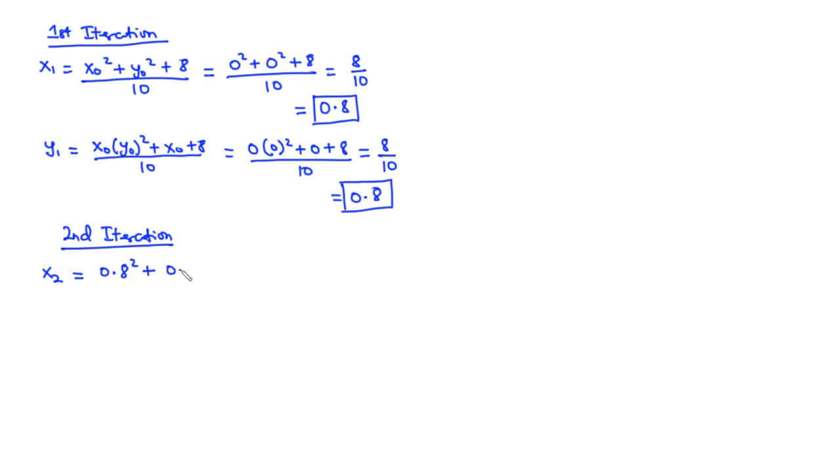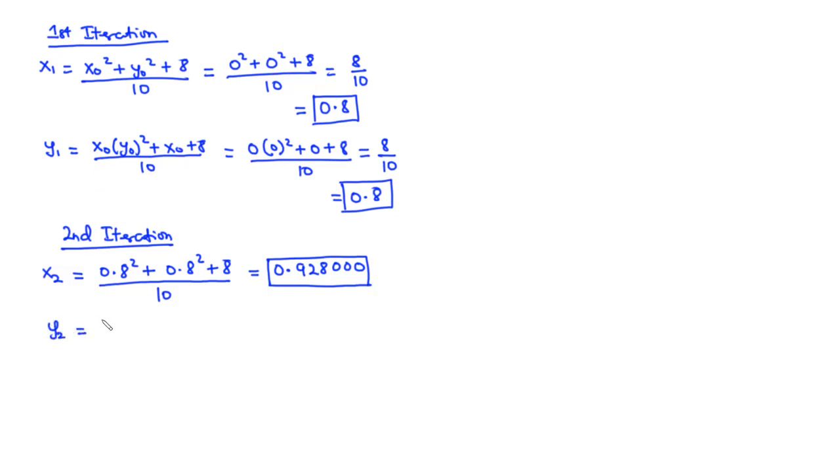So 0.8 square plus 8, all divided by 10. When you compute this, you are going to have 0.928. Remember that you are supposed to leave our answers to 6 significant figures. So this is going to be the value of x2. Move on to y2.